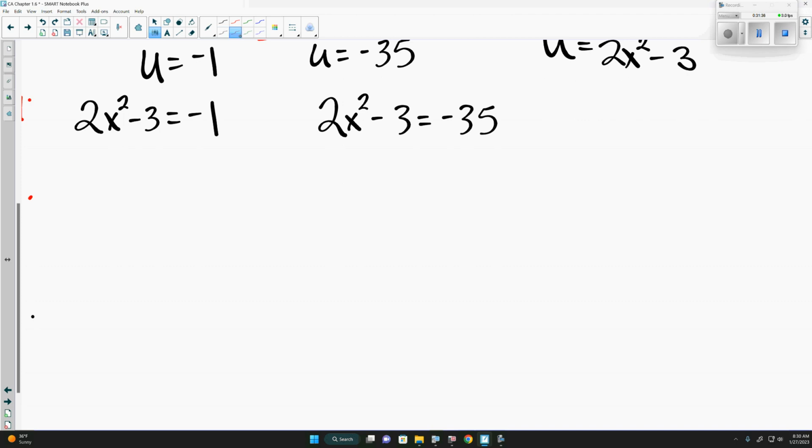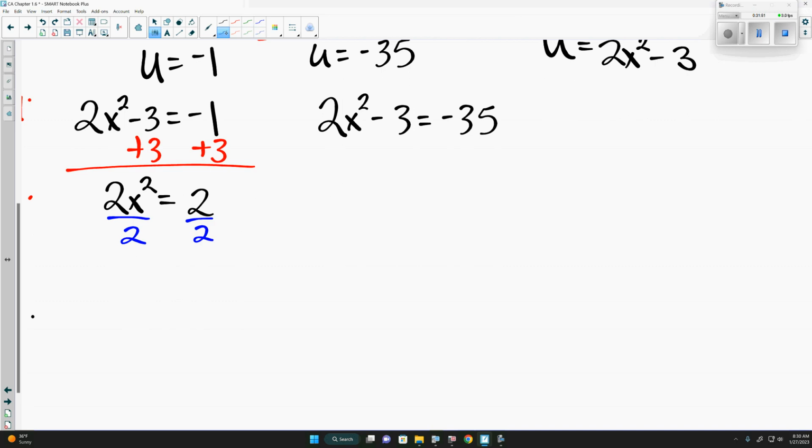Now we just have to solve these here. So for this one here, we would add 3 to both sides, telling us that 2x squared is equal to 2. Divide both sides by 2, telling us x squared is equal to 1.